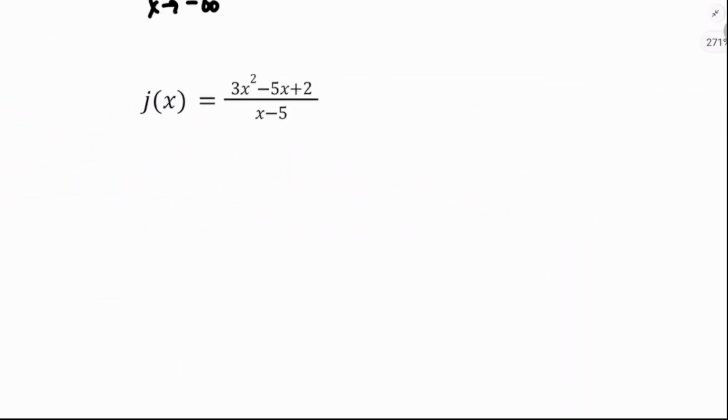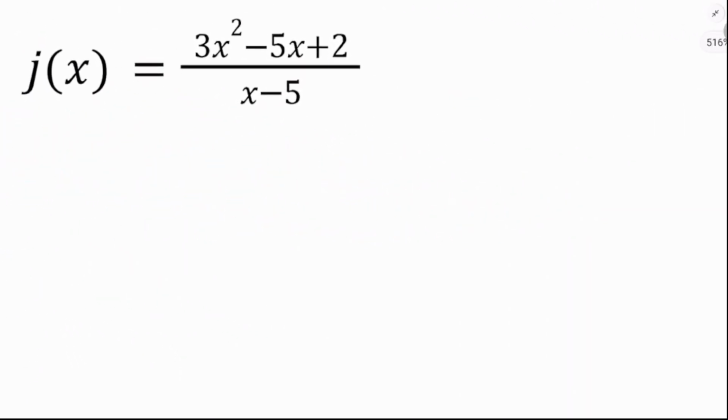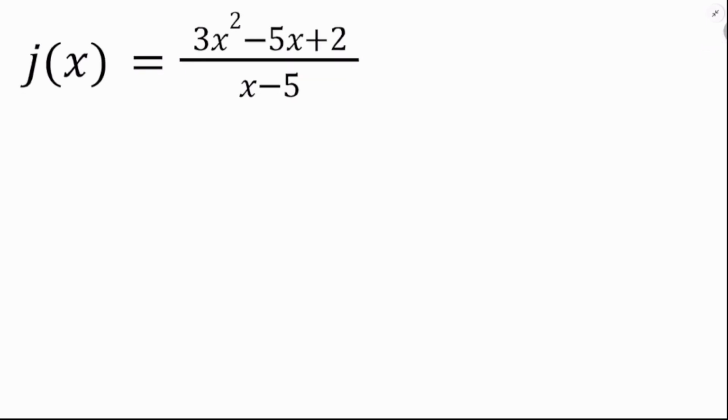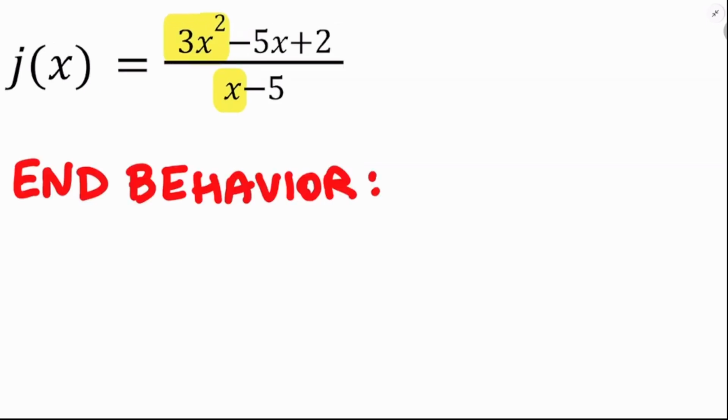Alright, so the last one is 3x squared plus 5x plus 2 over x minus 5. This one's bigger on top by exactly 1, so there's going to be a slanted asymptote, but we're not really interested in the equation of the slanted asymptote right now, just the end behavior using limit notation, so 3x squared divided by x. So if I take 3x squared and divide by x, that's going to be 3x.